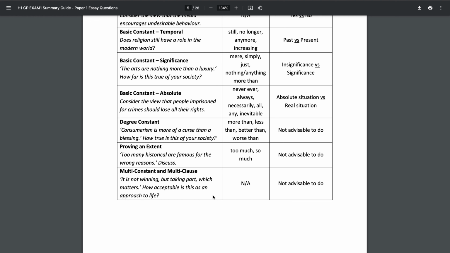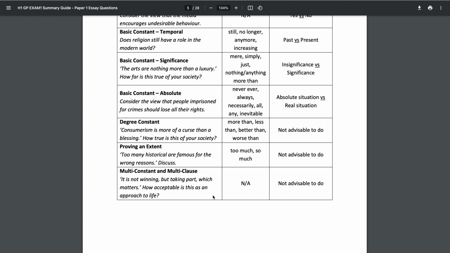Same if you see your question is so complicated. Look at this question: it is not winning but taking part which matters. How acceptable is this as an approach to life? There are multiple clauses, multiple constants in one question, which means that you have to address the multiple clauses in every body paragraph.